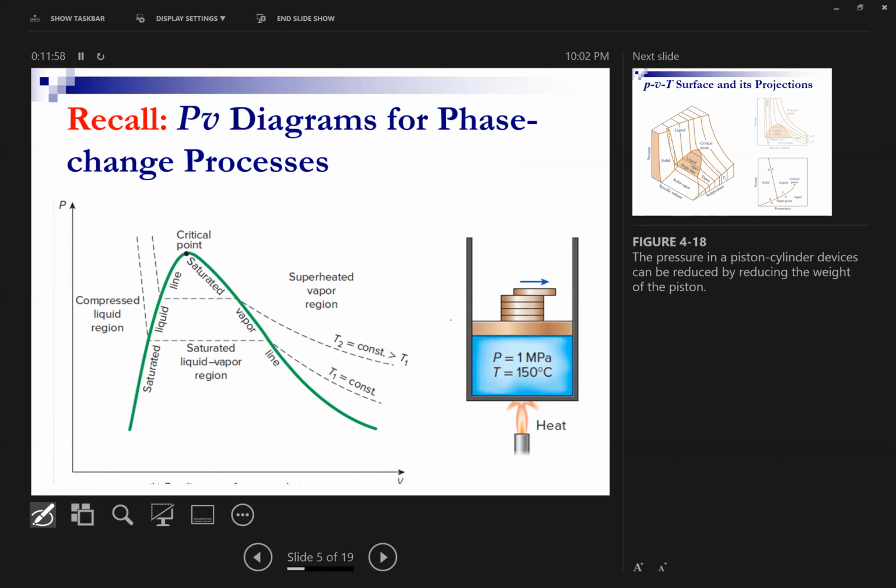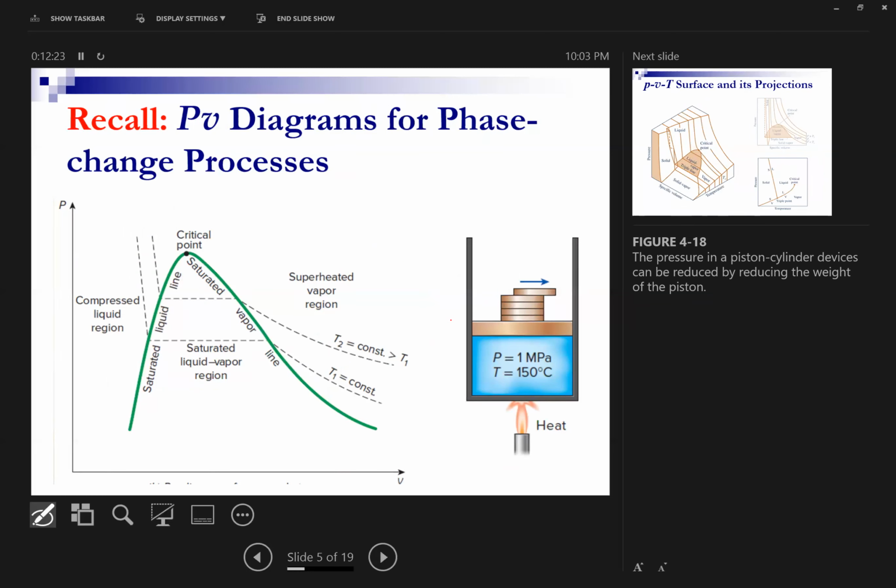So, with that said, let's go over our next graph. We said that we can repeat similar experiments, right, to find other graphs. For instance, a graph for the pressure versus specific volume. In this case, what we're doing is we are actually conducting experiments for constant temperature, or what we call isothermal processes.